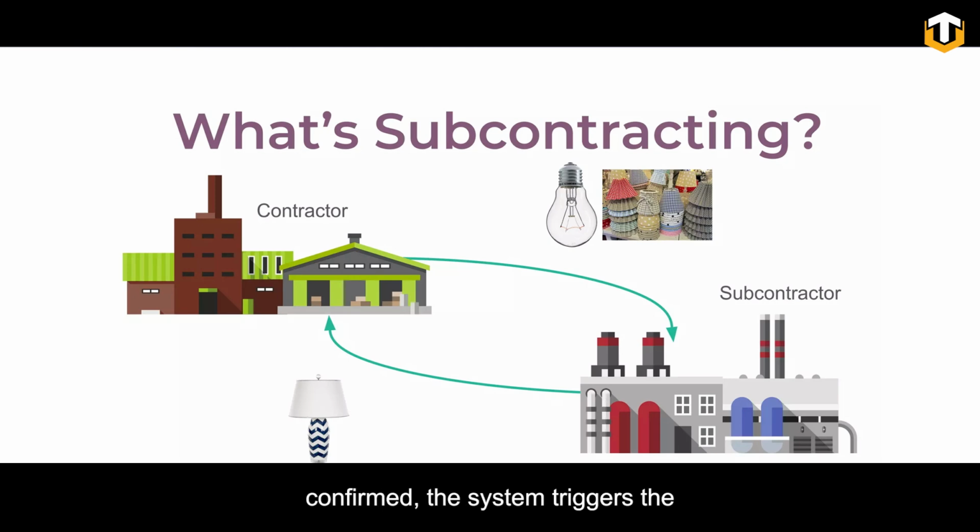Once the PO is confirmed, the system triggers the resupply process, creating a stock transfer to send the required materials to the subcontractor. The subcontractor manufactures the product and returns the finished goods, which are then received back into the inventory.